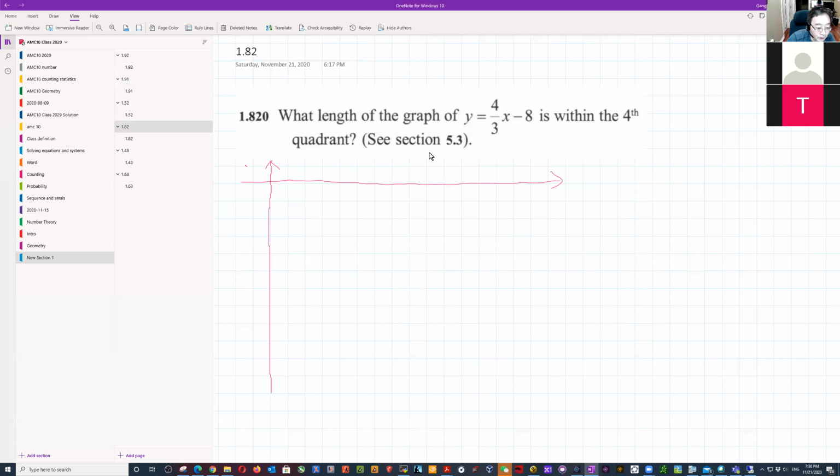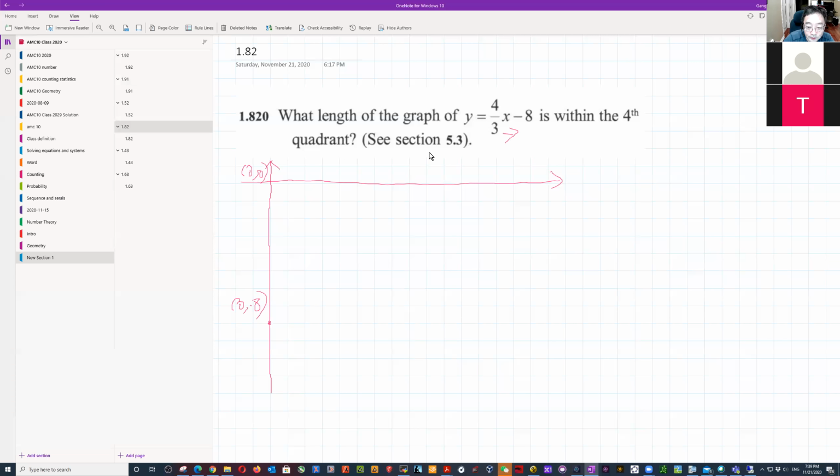So this is the origin, 0, 0, and it goes down 8. So 1, 2, 3, 4, 5, 6, 7, 8. So this is the y-intercept, 0 and negative 8. And here is the slope.